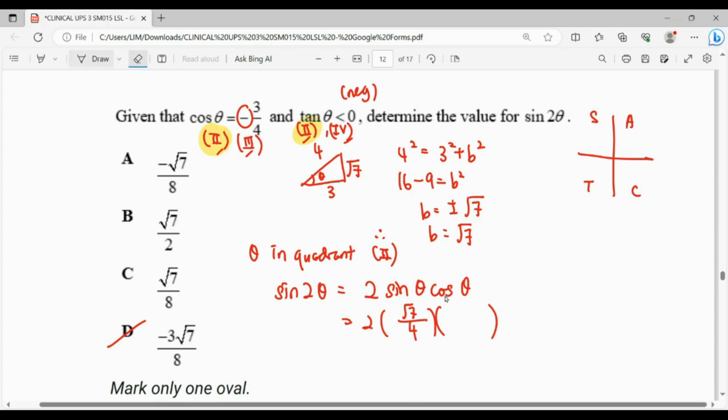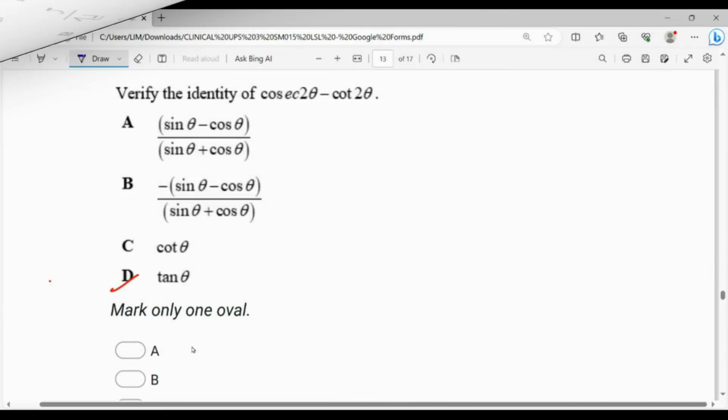Then cos theta equals 3 over 4, adjacent over hypotenuse, and since it is quadrant 2, it will be negative. Then we simplify using a calculator, and you will get negative 3 root 7 over 8. Answer is D.